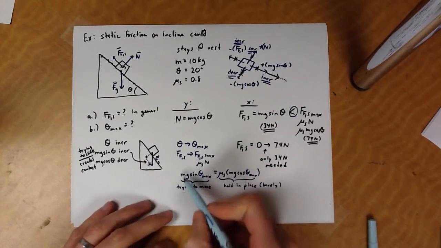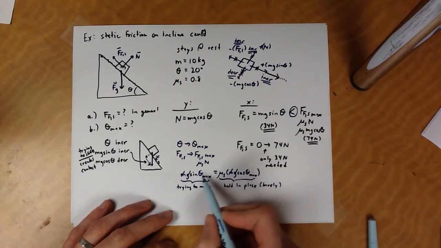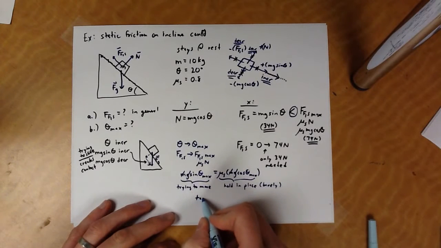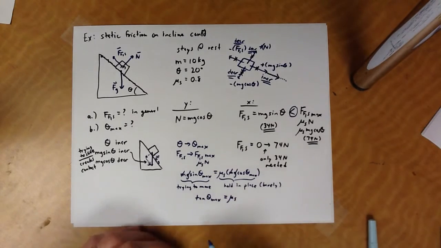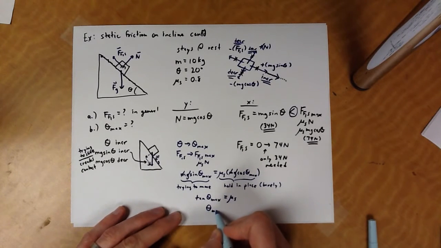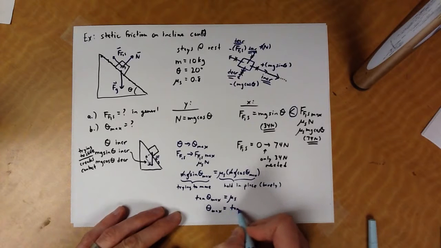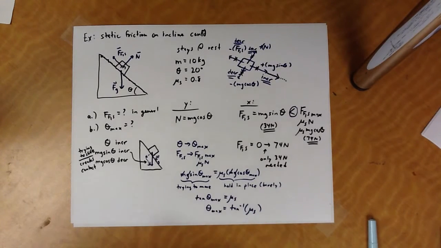This is an expression where we can just cancel off the mg's. We can group sine and cosine together into tangent. And we find that the tangent of theta max is mu sub s. And if we apply inverse tangent to both sides, we can find that's our expression.